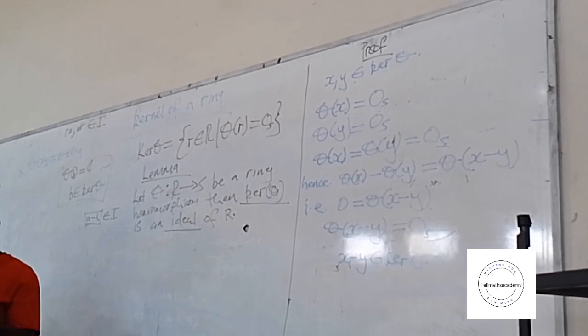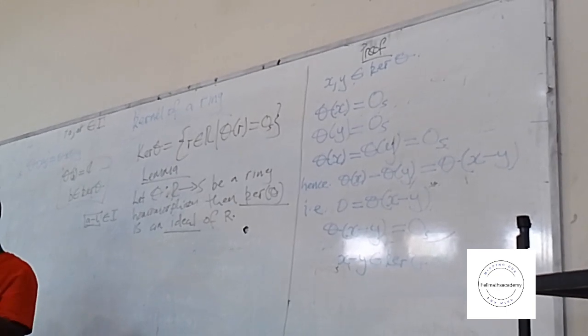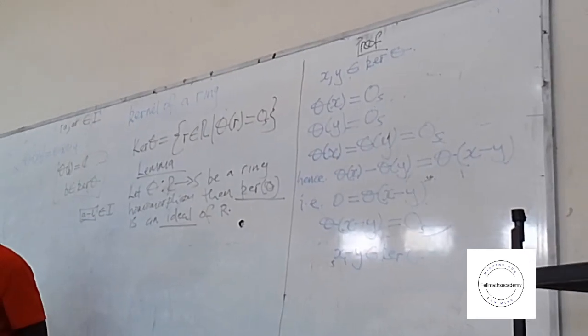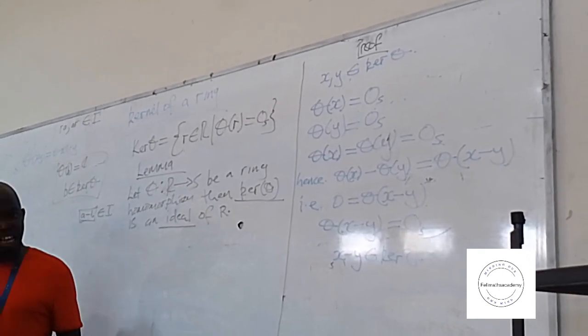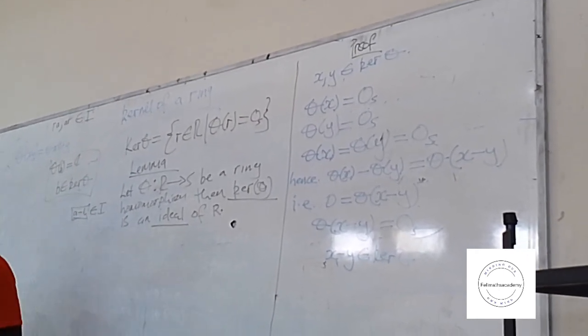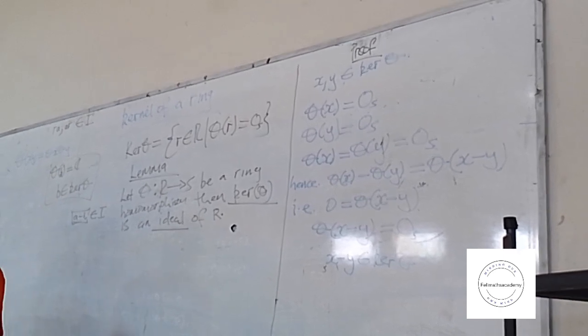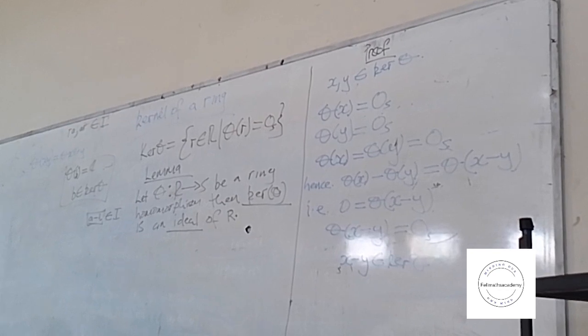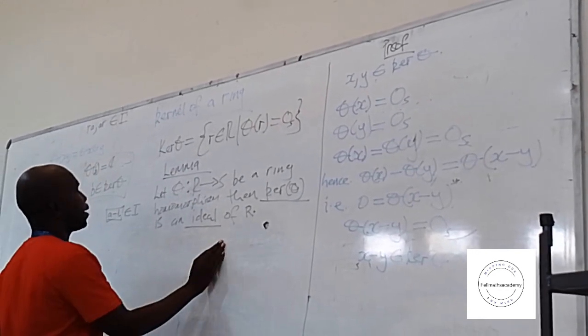Now to test the ideal: left ideal, right ideal. So we borrow another member, R, an element of R. Okay?